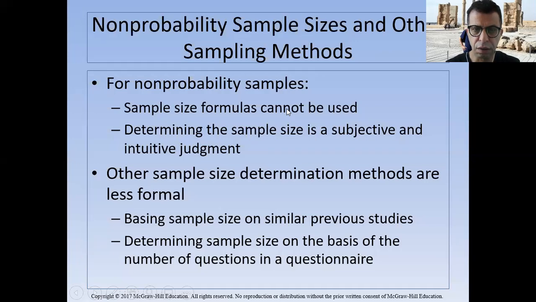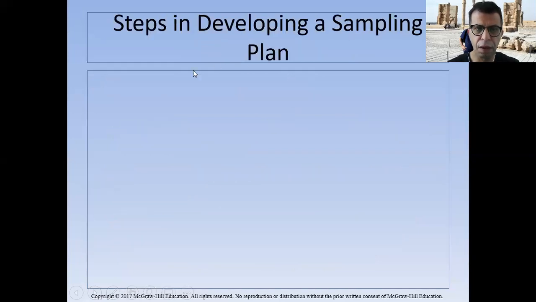Okay. Now the question comes in here: what are the steps in developing the sampling plan? We already know the types of sampling, and usually the problem determines what kind of sample we need, and that will determine the sample plan and what kind of questions there will be.